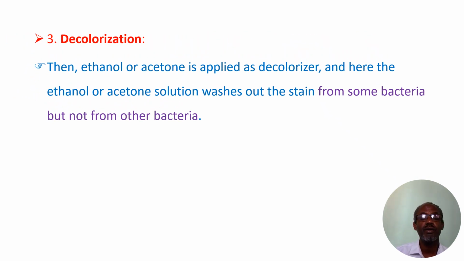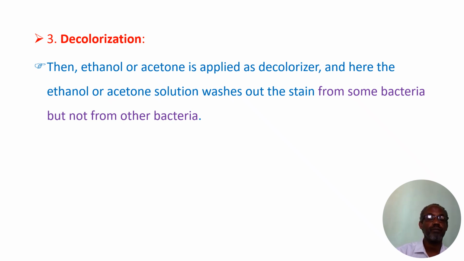Then ethanol or acetone is applied as a decolorizer, and here the ethanol or acetone solution washes out the stain from some groups of bacteria, but not from other groups. You see, here is the difference because of the cell wall, the difference in cell structure.